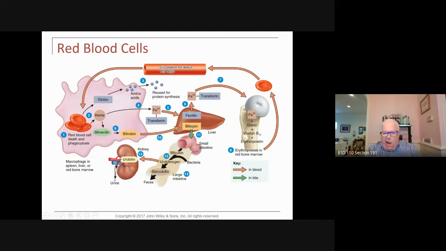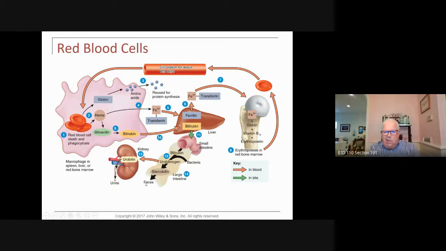You excrete waste through your GI tract. You also excrete waste through your urinary system. And in the urinary system, bilirubin is converted to urobilinogen, which becomes urobilin, which is in your urine. That's why your urine is yellow. All because of bilirubin.